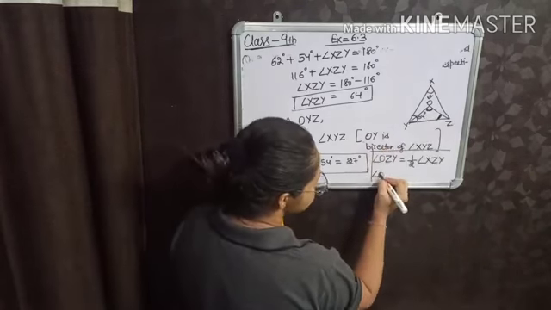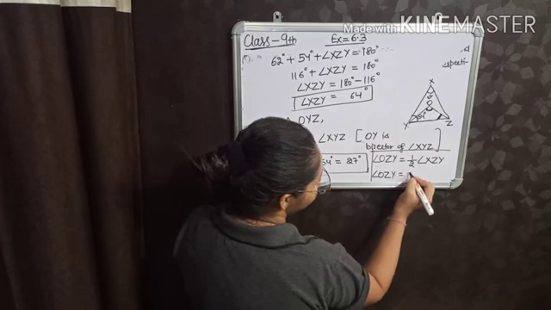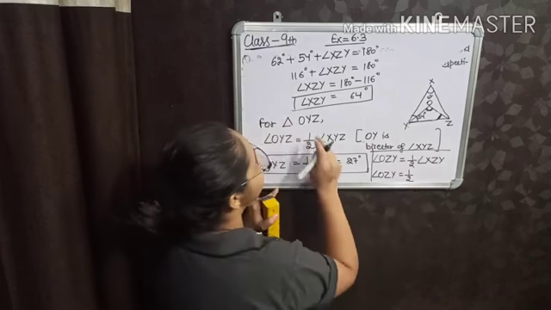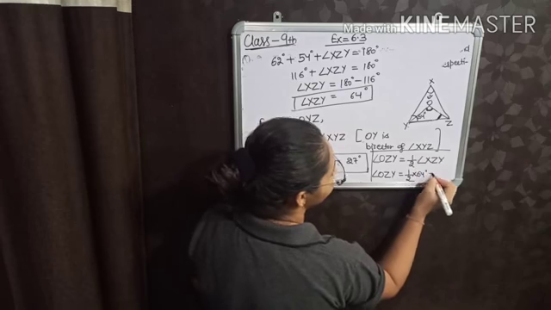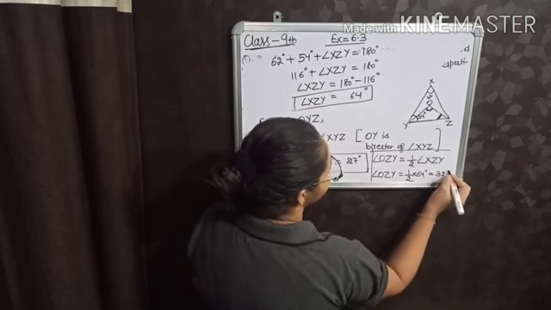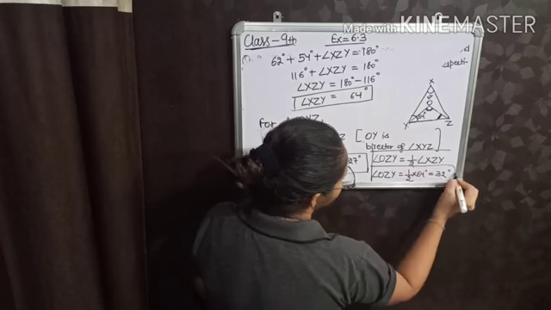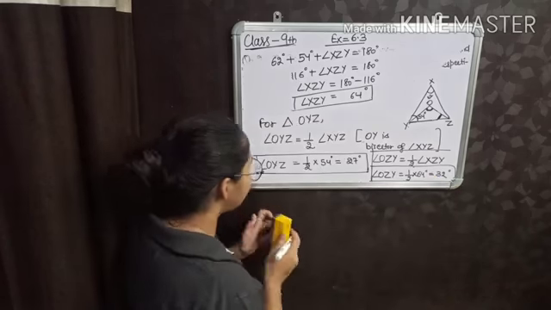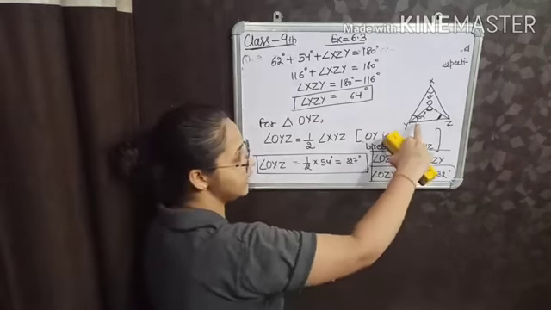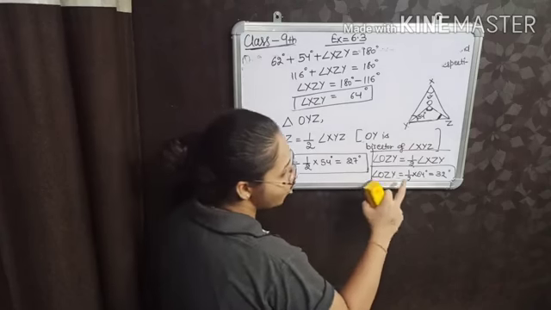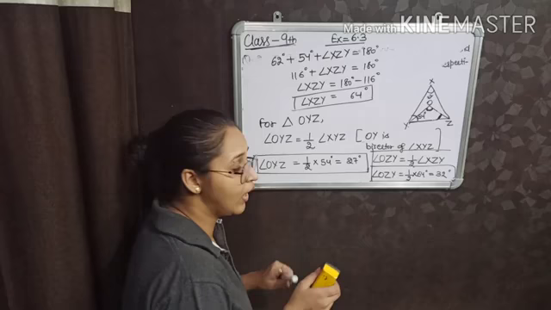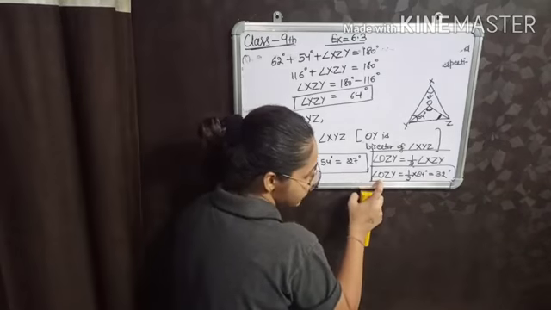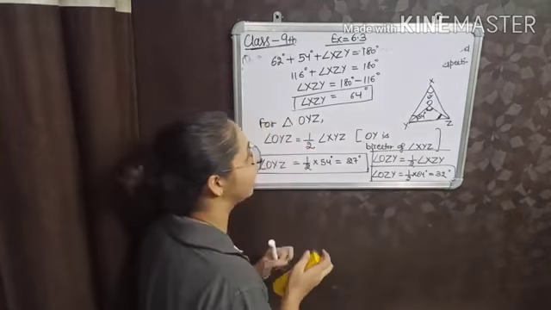Now OZY is equal to 1 by 2 times angle XZY, this is 64 degrees, and it will give you 32 degrees. Now you have two values. First is angle OYZ, the smaller angle, that is 27 degrees. OZY is 32 degrees, and the question was to find the value of angle OZY. So OZY is 32 degrees.